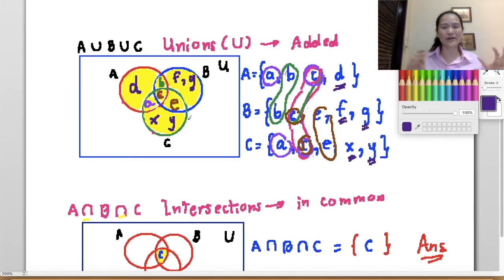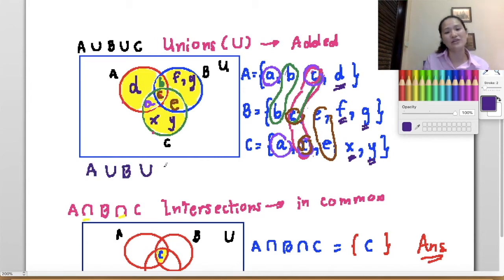Anyway, that is how you write the model, but for the answer for A union B union C, you add everything together.